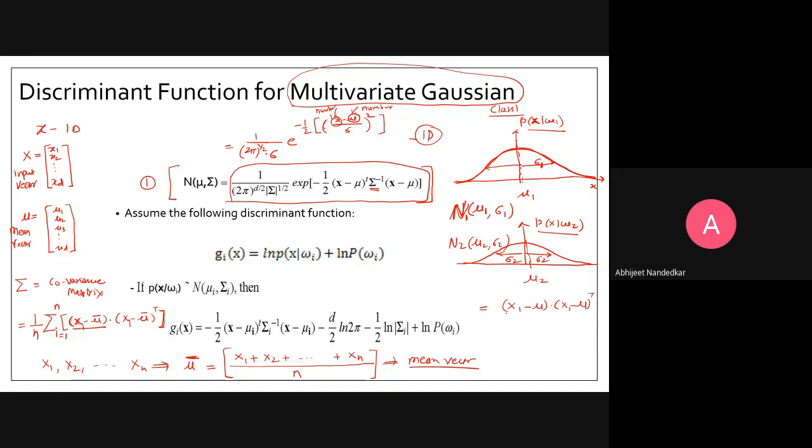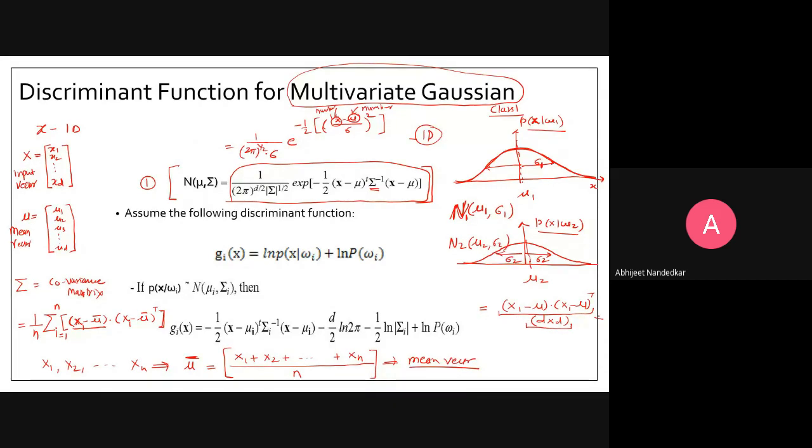So this is the outer product. Okay, so since x1 is d dimensional, mu is also d dimensional. So this outer product will be d cross d dimension. Okay, so this will be a matrix.